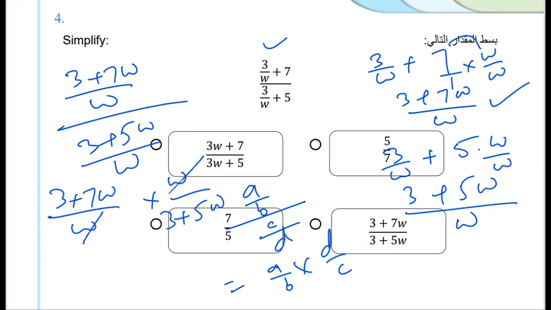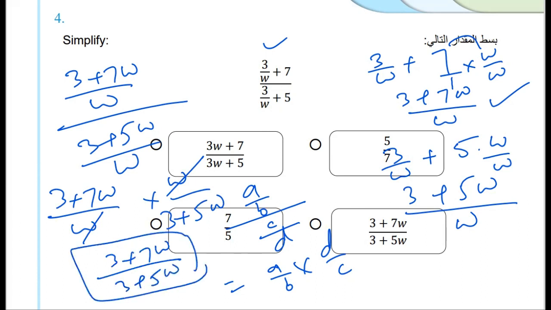So w will be canceled out. 3 plus 7w over 3 plus 5w is the final answer, which is the last option. Hope it makes sense. Now pause the video and try to simplify a similar question.